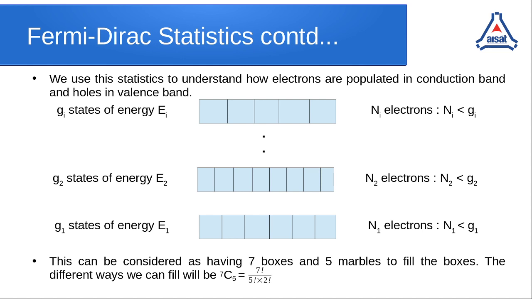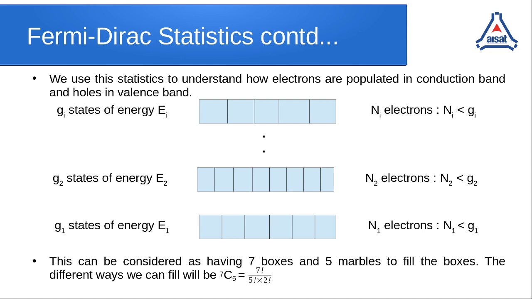At the bottom position of the figure, we are having G1 states of energy E1. So there are G1 number of states. Every state will have energy E1. And there are N1 electrons available which can occupy these G1 states. The number of electrons available is less than the number of available states.